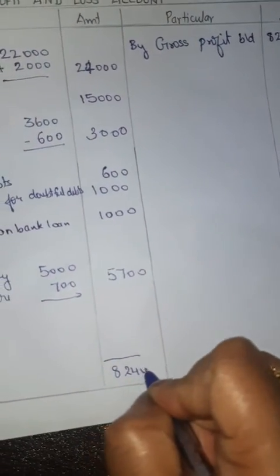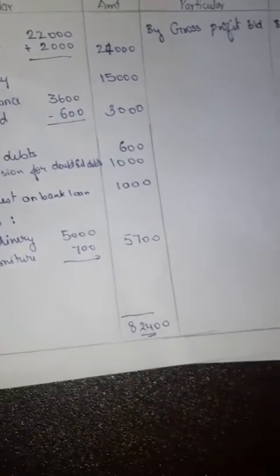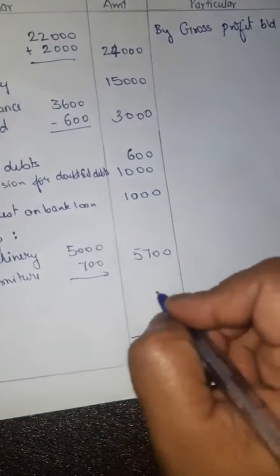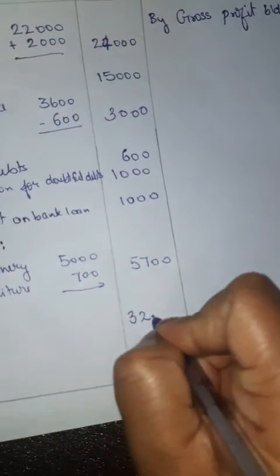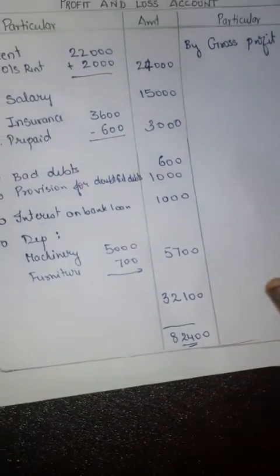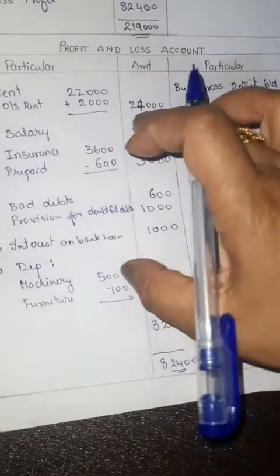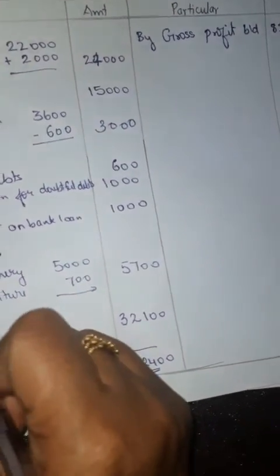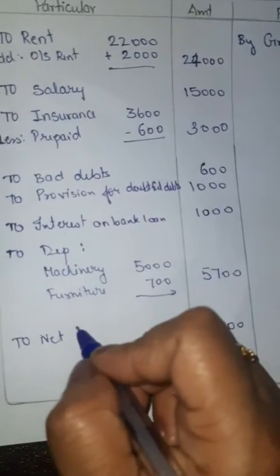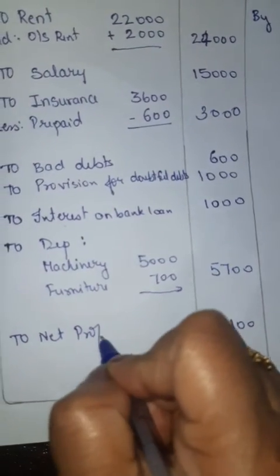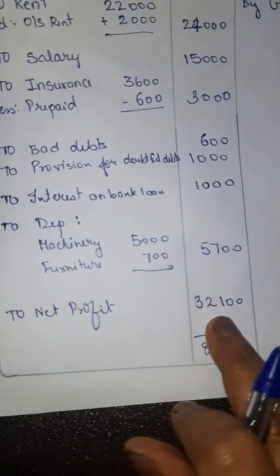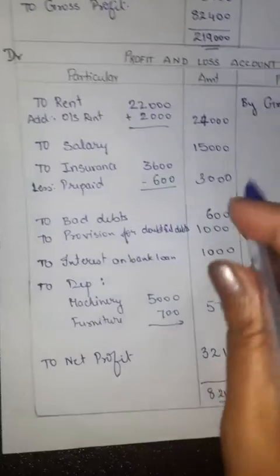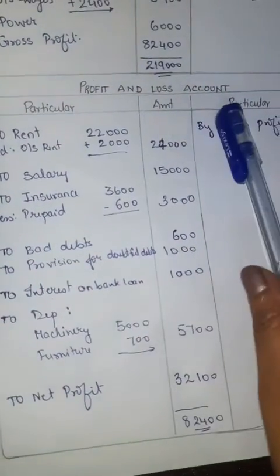So you also have to calculate and find out which side is short. Okay, so this side is short by rupees 32,100. Credit side minus debit side, I got this total. So to net profit, that is what I have to write in front of this amount. 32,100 is the net profit which I got when I closed the profit and loss account.